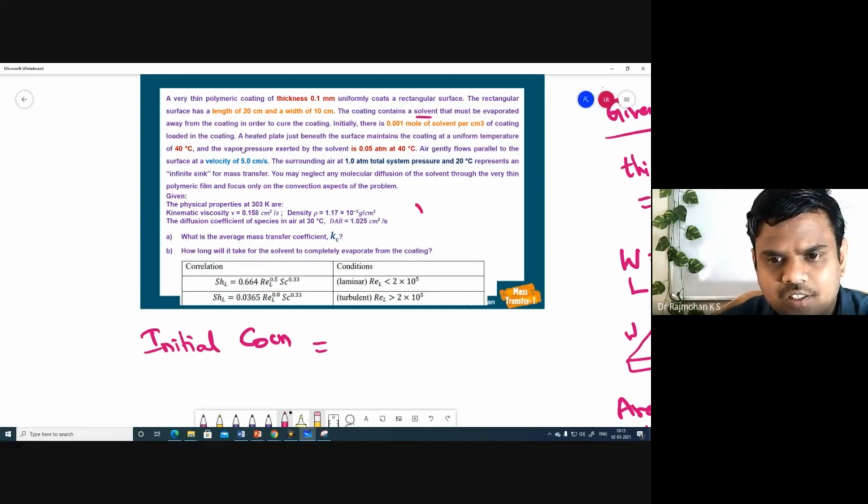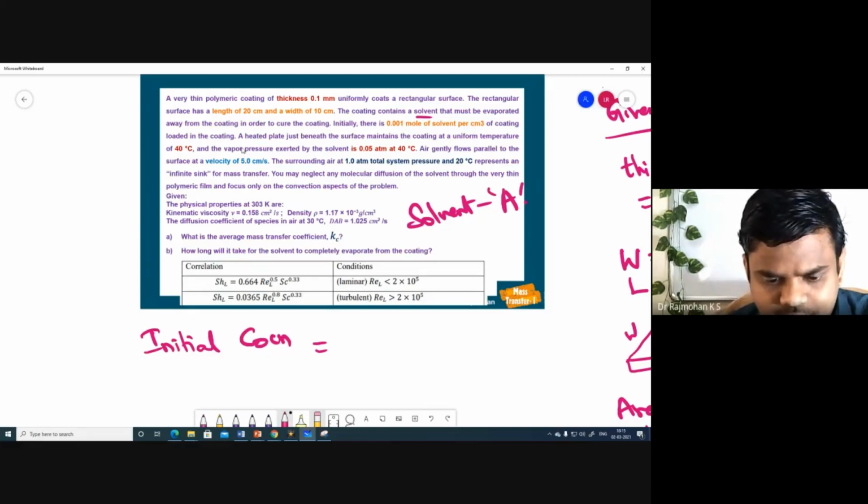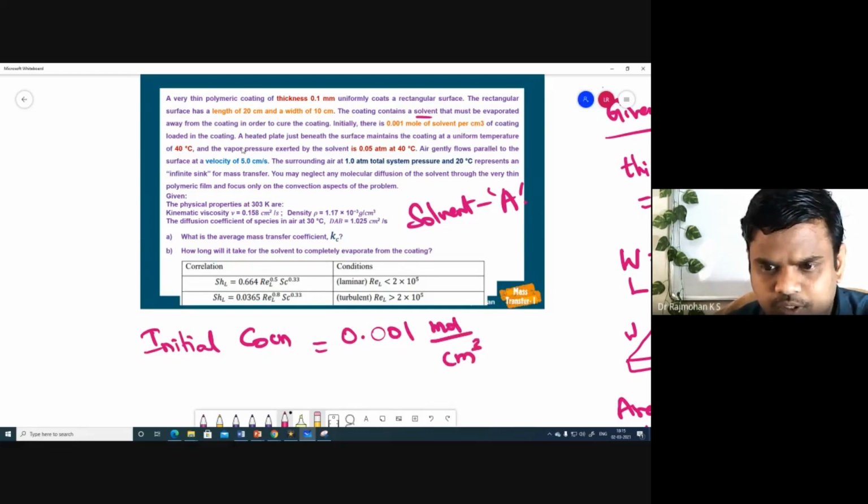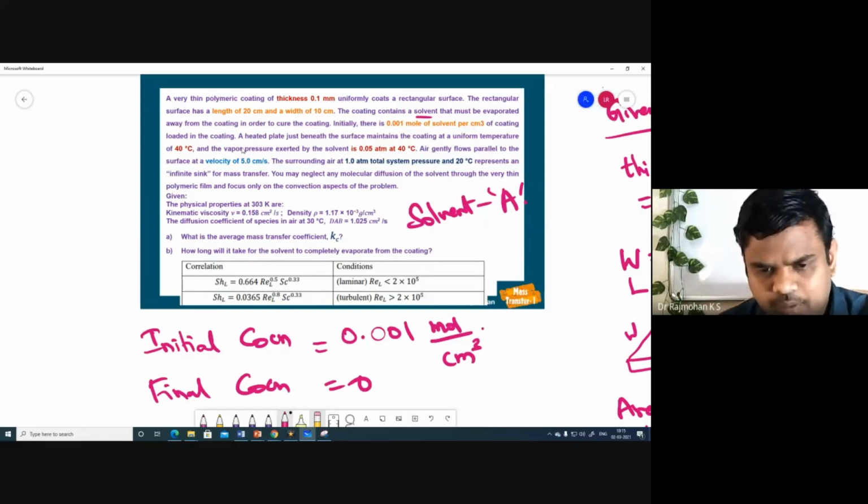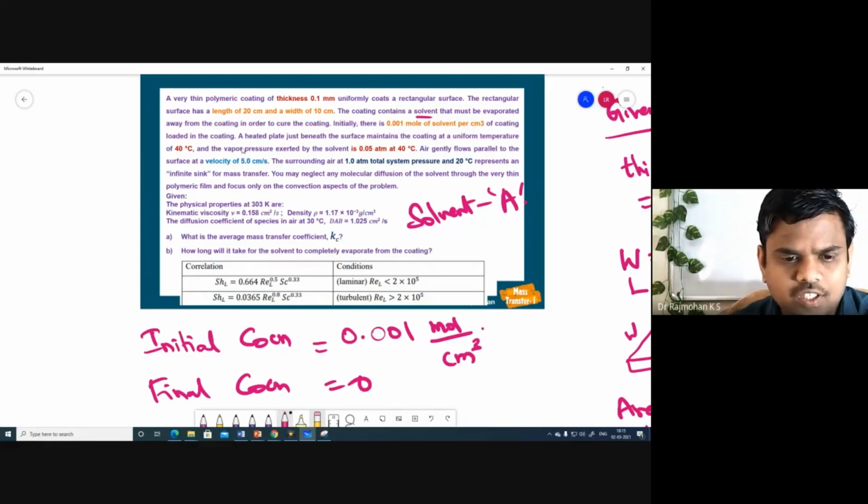Here the solvent is A, our species. So the initial concentration is 0.001 moles per centimeter cube, and the final concentration you want to be 0, that is, complete evaporation should take place. So that's our final concentration of the solvent in the coating.